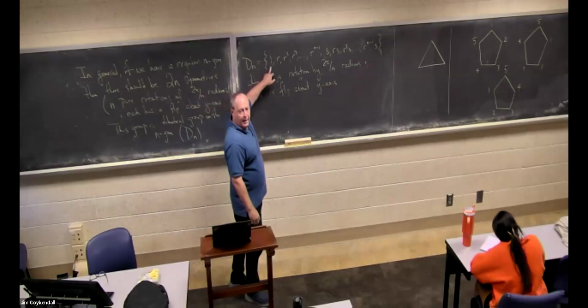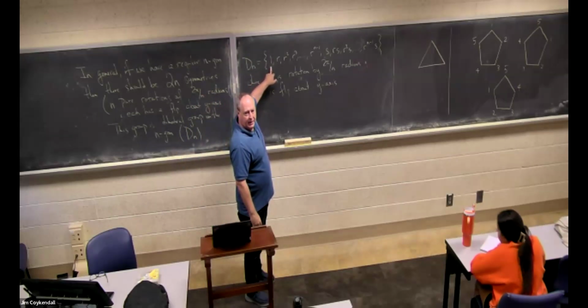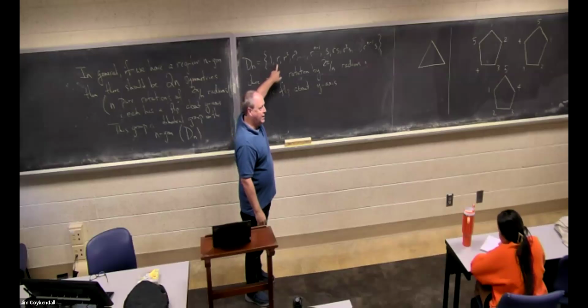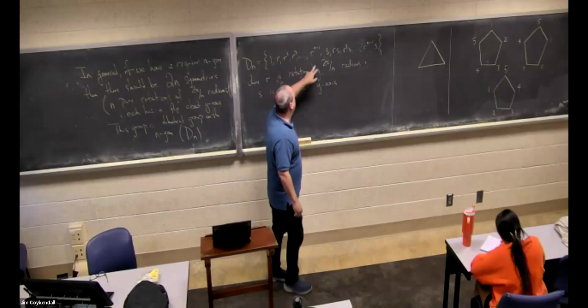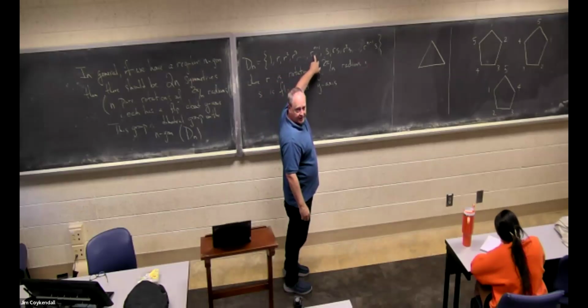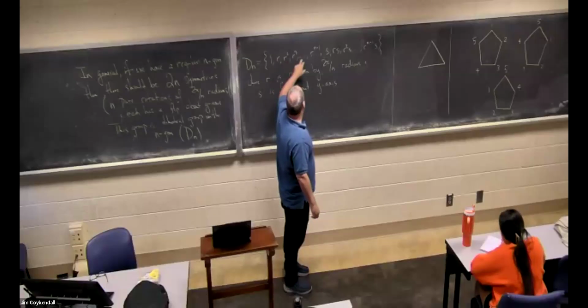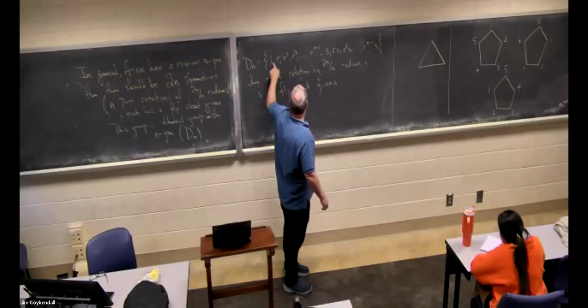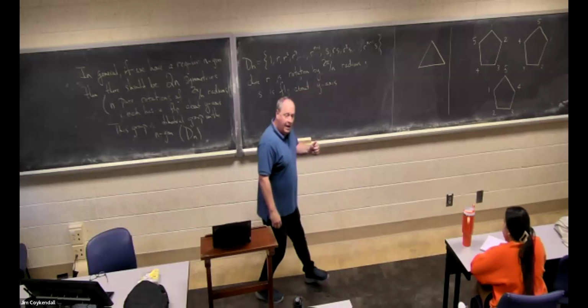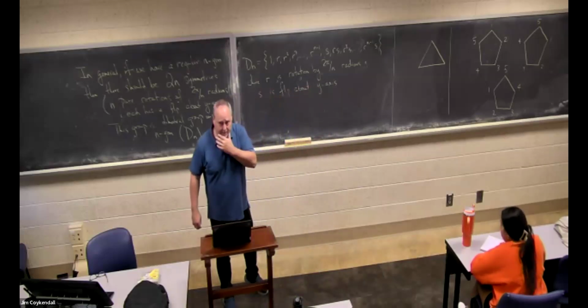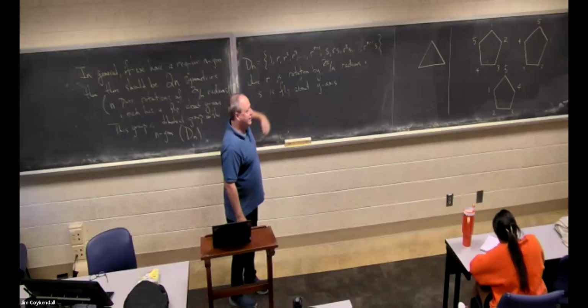So 1 just means I didn't do anything to it. R means I rotated it 2 pi over n, R squared 4 pi over n, R cubed 6 pi over n, and so on. And R to the n minus 1 is the inverse of R, because what happens when I rotate the n-gon n times? I'm back to where I started. Everybody agree with that?